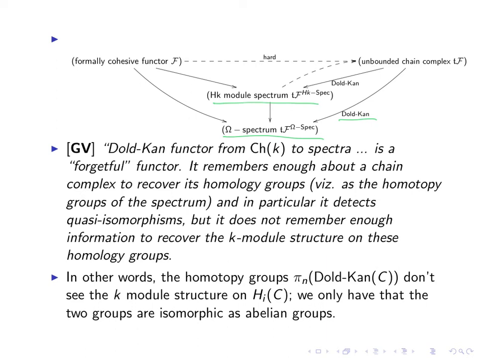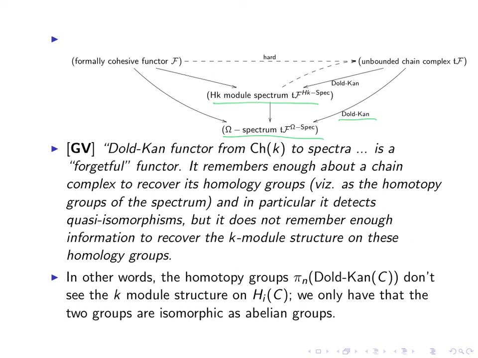It remembers enough about the chain complex to recover its homology groups via the homotopy groups of the spectrum, and in particular it detects quasi-isomorphisms, but it does not remember enough information to recover the K-module structure on these homology groups.